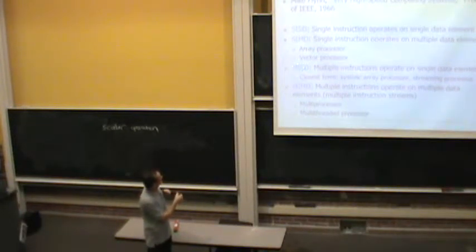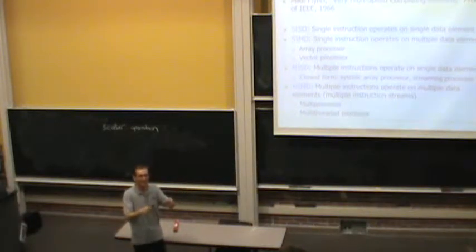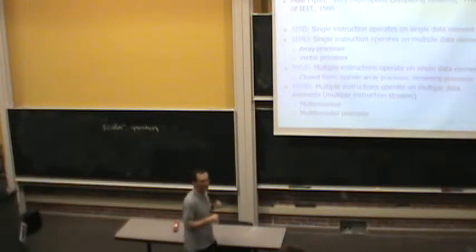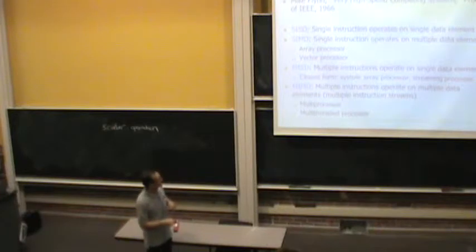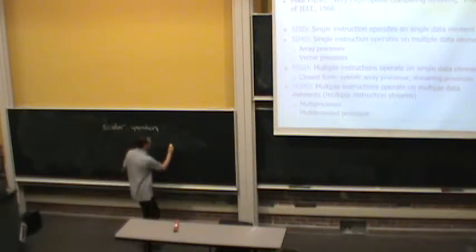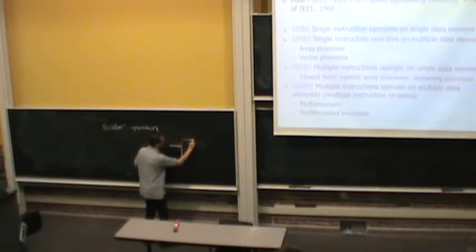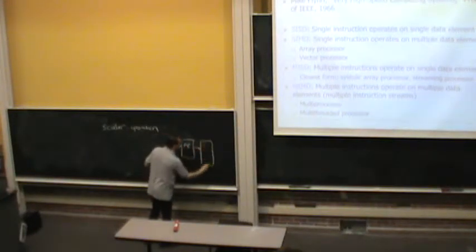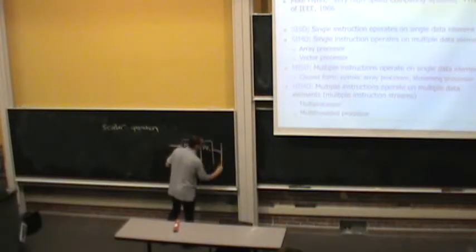MISD, this is an odd thing. Multiple instructions operate on a single data element. This doesn't exactly exist, but the closest form is something that we will not cover, a systolic array processor, or a streaming processor, if you will, where you feed the data. It's not the exact form. Feed the data to a processing element, and that transforms the data to something else, passes it to the second processing element, and transforms it to another thing, and passes it to the third.